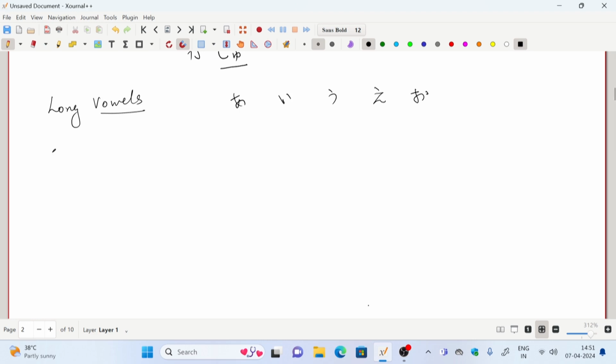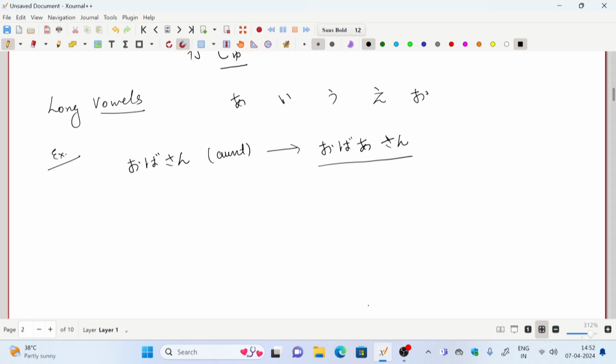For example, if we write obasan, which is aunt, we will write o, ba, san. It means aunt. If we stretch it, o, ba and we put a here, it becomes obaasan.